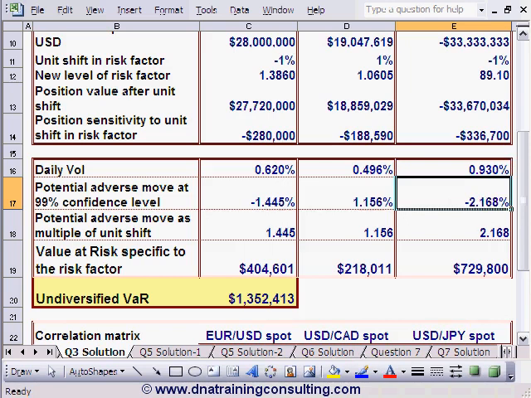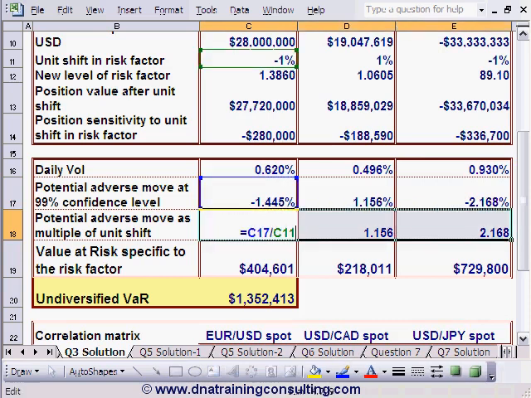We convert these adverse moves into multiples of unit shifts in cells C18 to E18 through simple division.